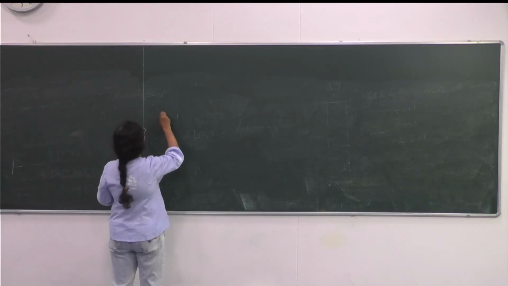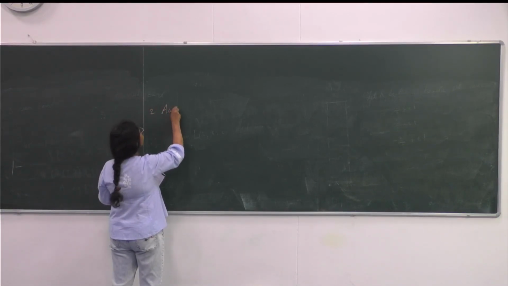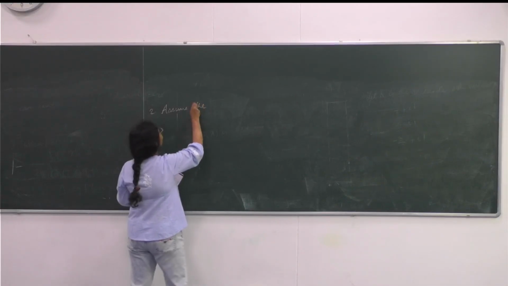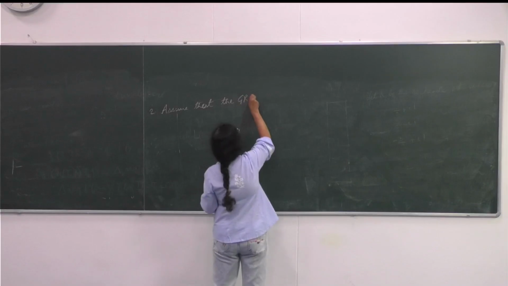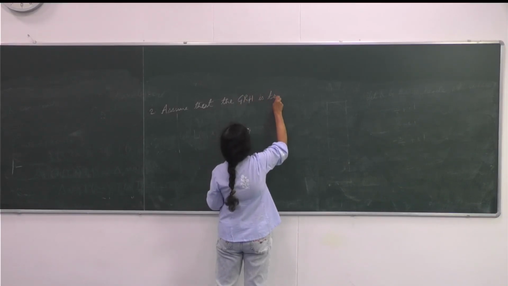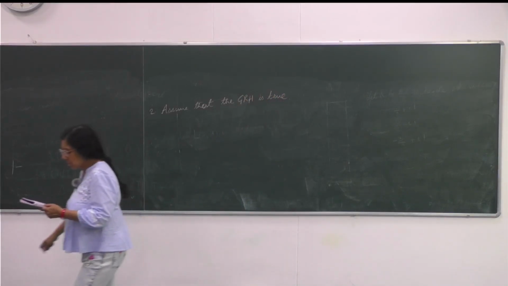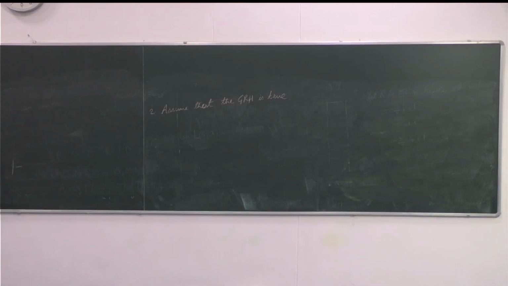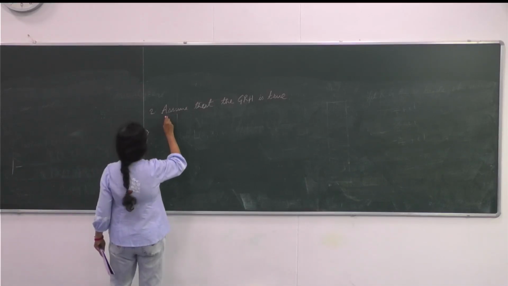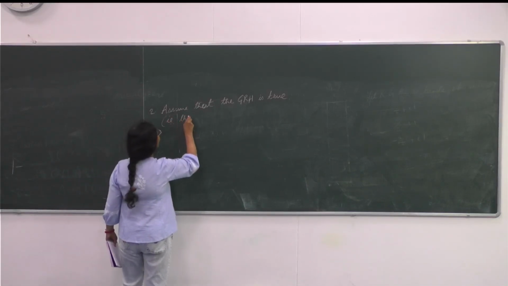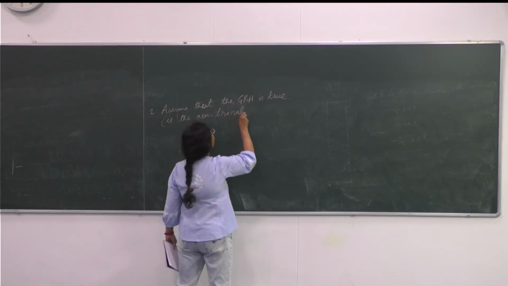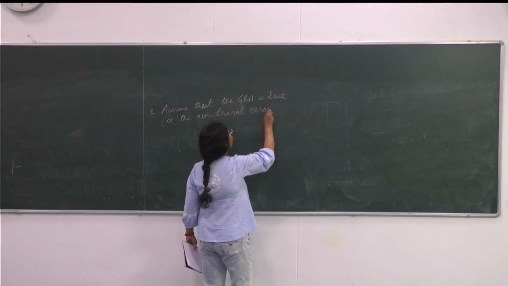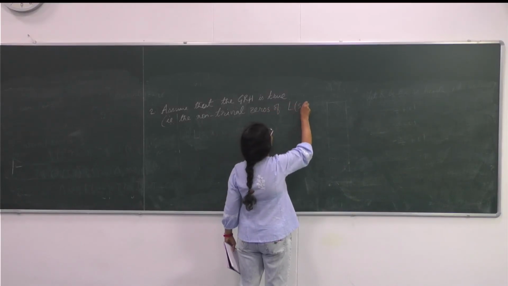So assume the generalized Riemann hypothesis. Assume that the GRH is true. So GRH is true means what? What does this mean? It means that the non-trivial zeros of L(s, chi) should be where?